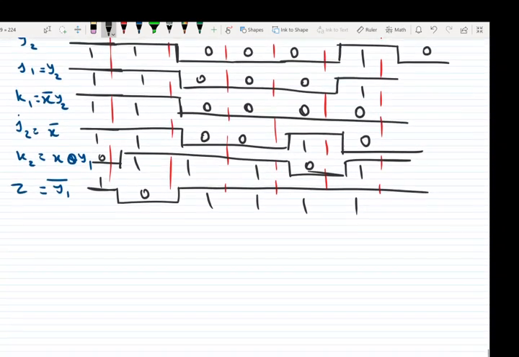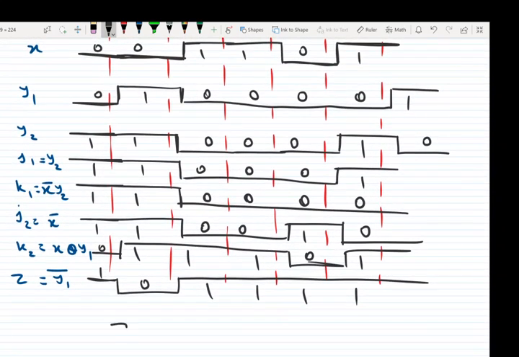Okay, and so this one is the final answer, and Z is 1, 1, 1, 1, 0, 1. So this one is the solution of problem 2 of the homework. Okay, in the next lecture I will continue with some more examples.